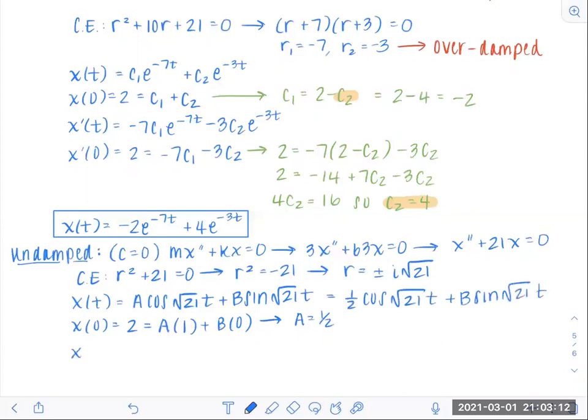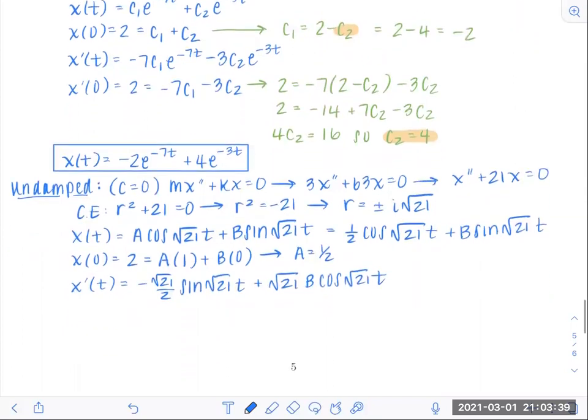So now let's go ahead and compute the first derivative. Remember, the chain rule again is going to kick out a root 21 in both of these cases. So we get a negative root 21 over 2 sine root 21t, and then plus a root 21b cosine root 21t.